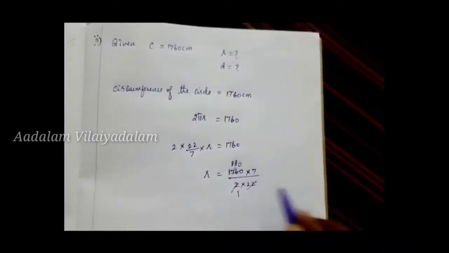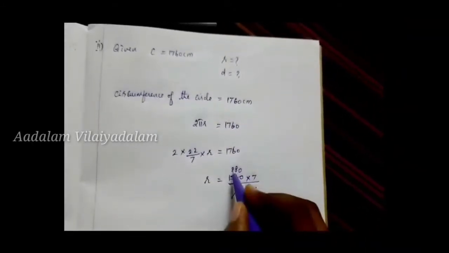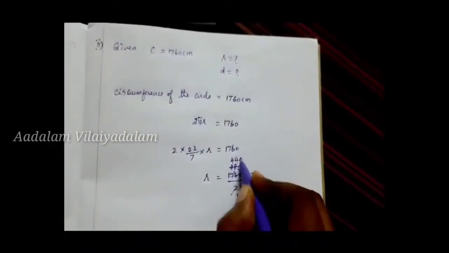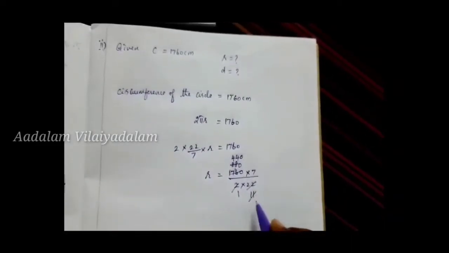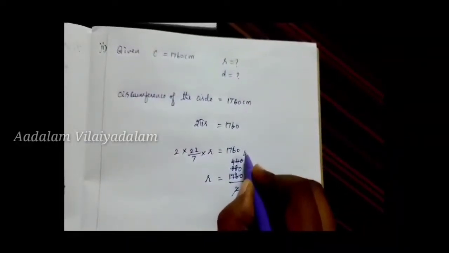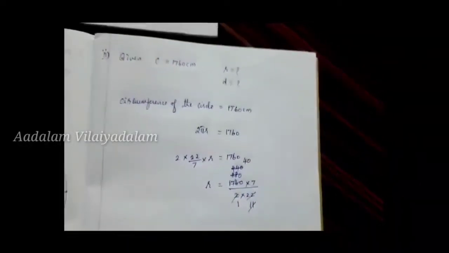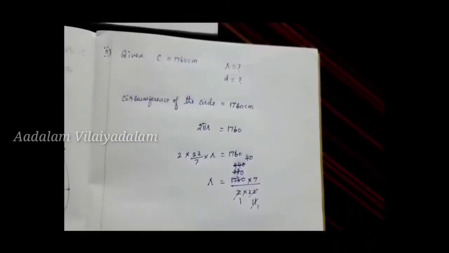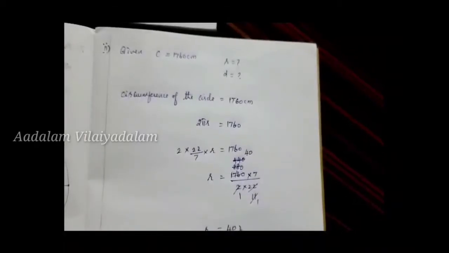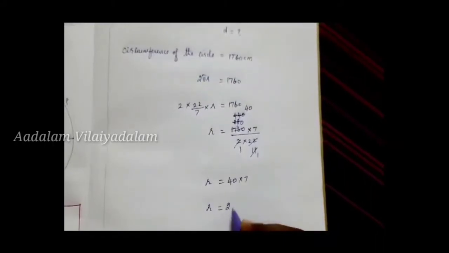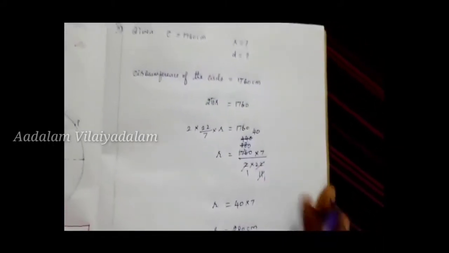If I cancel by the 2 table, I get 11 times. Here I get 4 times and 4 times and the remaining 0. Then if I cancel with the 11 table, I get 4 times 11 is 44. Then the remaining 0 I get. So the remaining values for the radius are 40 into 7, and the product of 40 into 7, I get 280 centimeter, which is the given unit, centimeter.